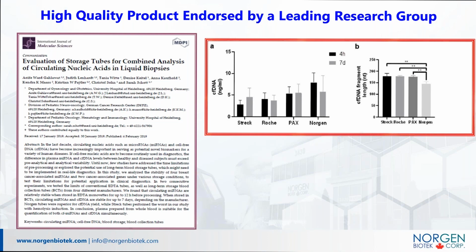In terms of the size as well, they found that all tubes had similar peak sizes for cell-free DNA. The peak sizes were ranging from 168 to 180 base pairs, except for Norgen. Norgen tubes were the only exception. The peak size was 146 base pairs.